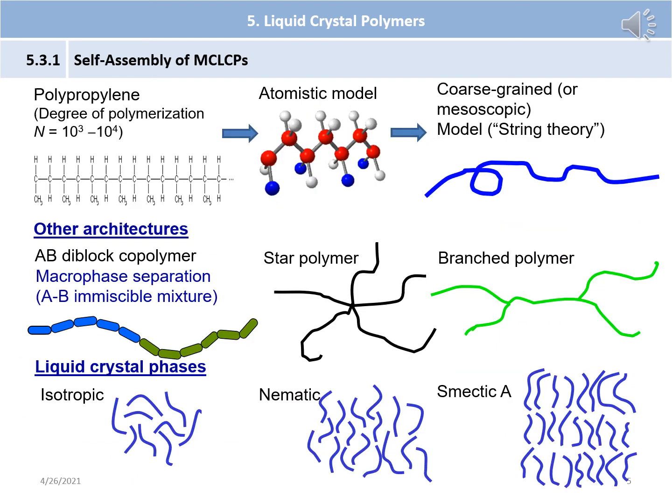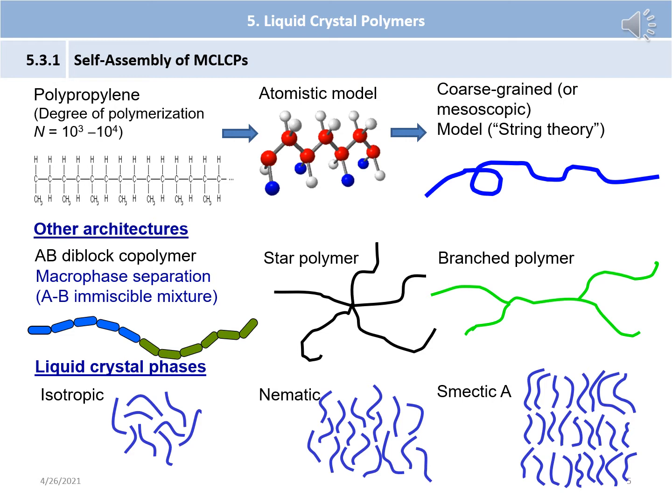The mesophases for liquid crystal polymers are similar to the liquid crystalline phases exhibited by the thermotropic non-polymer liquid crystals. Let's see first from the atomic level for polypropylene with degree of polymerization up to 10 to the power of 4. We view this polymer as an atomistic model. We can simplify the shape of the polypropylene as a string.